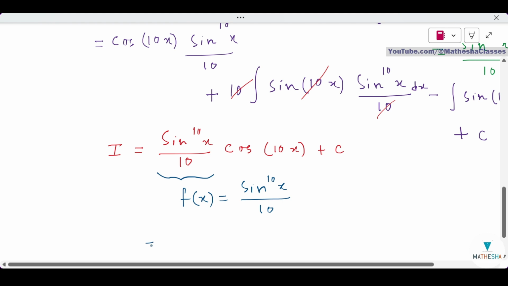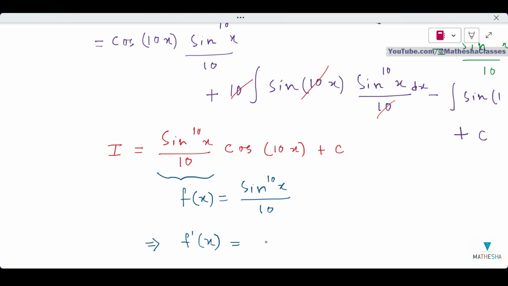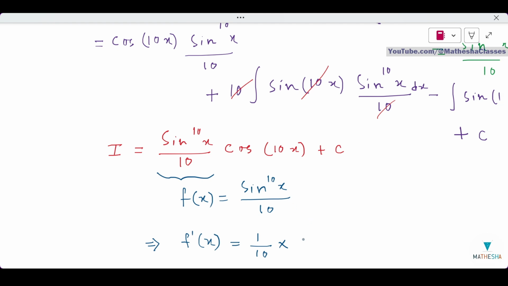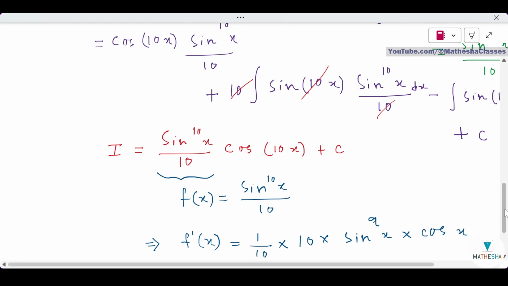So definitely f'(x) is equal to 1 by 10. Let us take it out, and then the derivative of sin^10 x is 10 sin^9 x cos x.